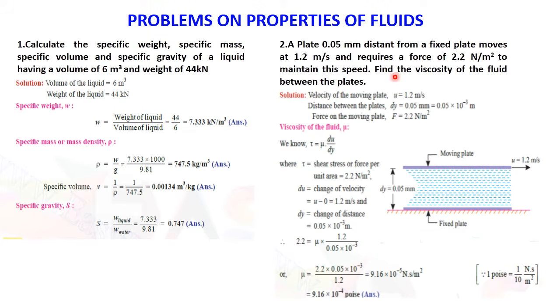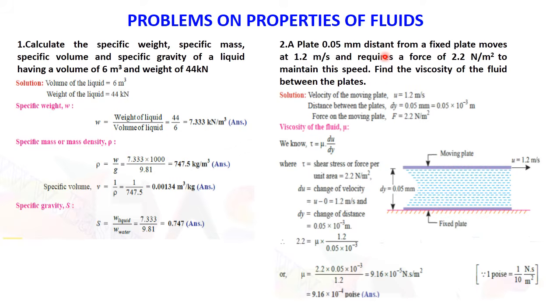Now see, the actual condition in this problem is that there are two plates, one is a fixed plate and one is a moving plate, as shown in the diagram. You can refer to the diagram here. This is the fixed plate, this is the moving plate.